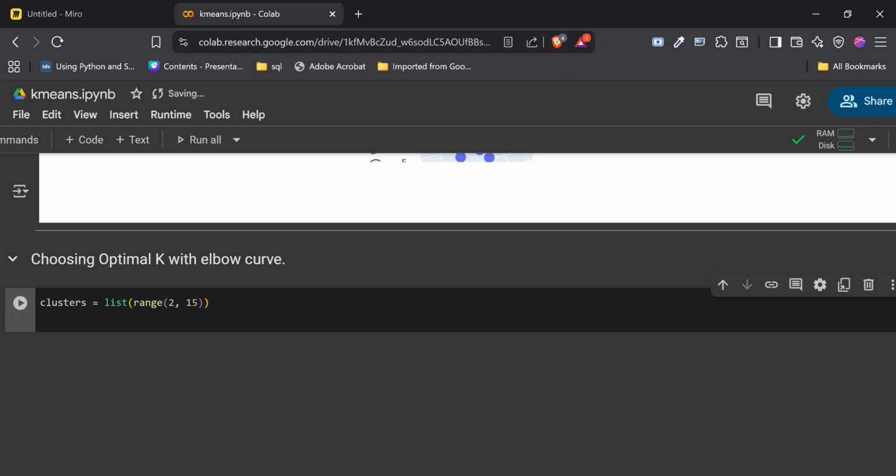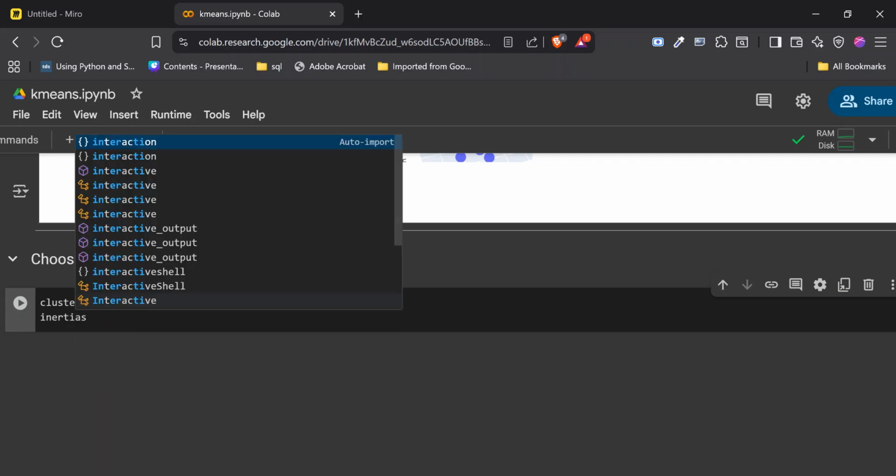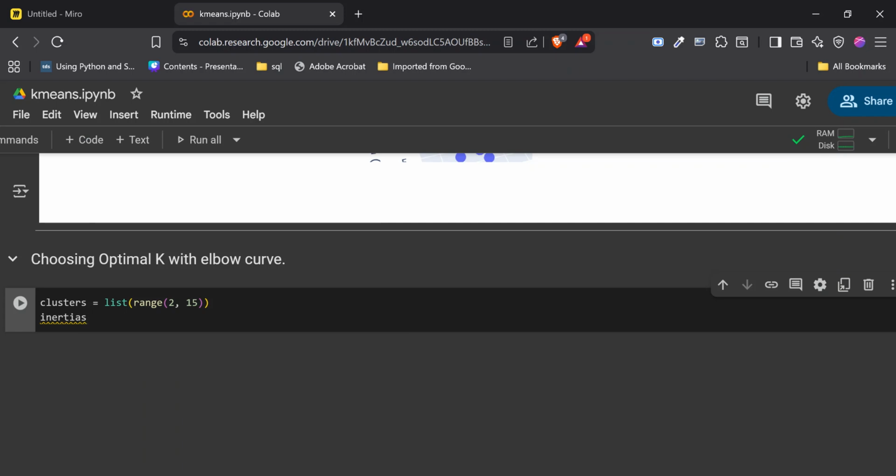I'm going to set up an empty bucket, and I'm going to call it inertias. I don't know if inertias is correct English.